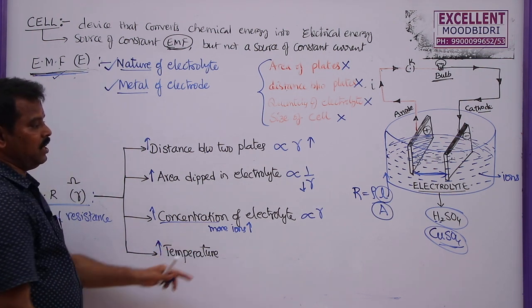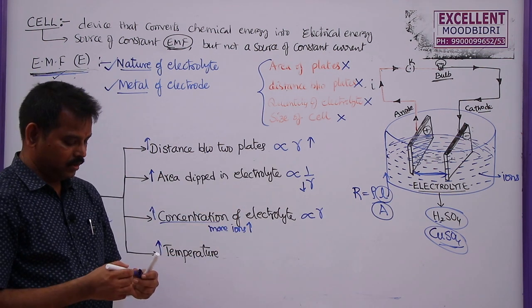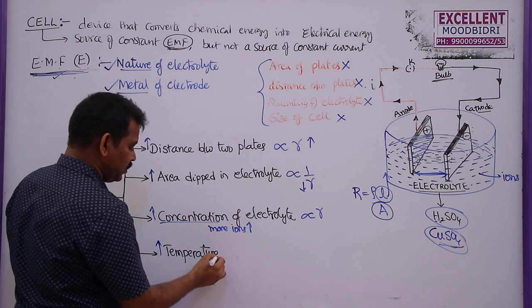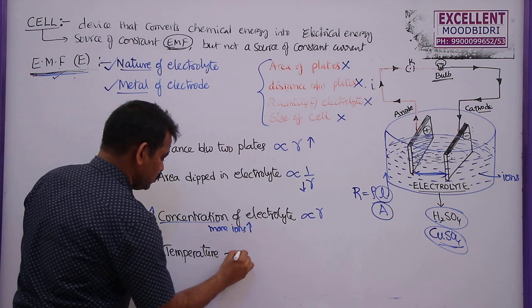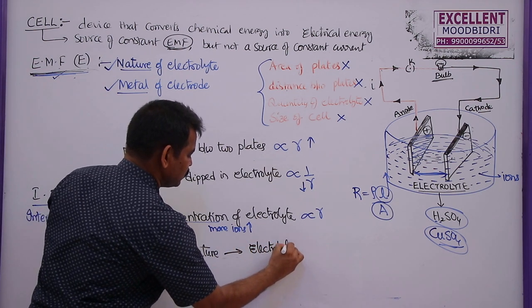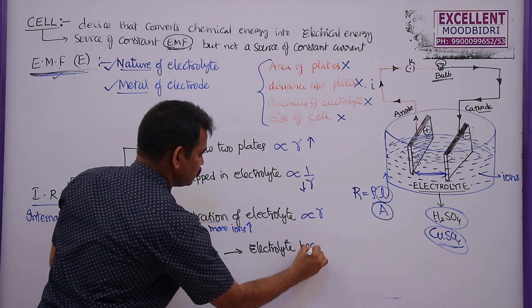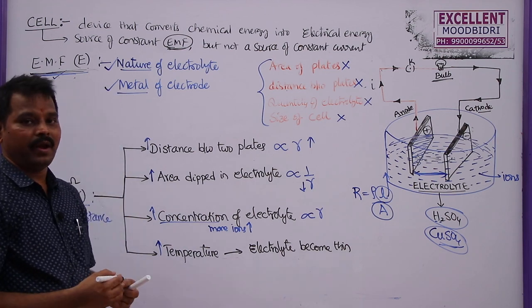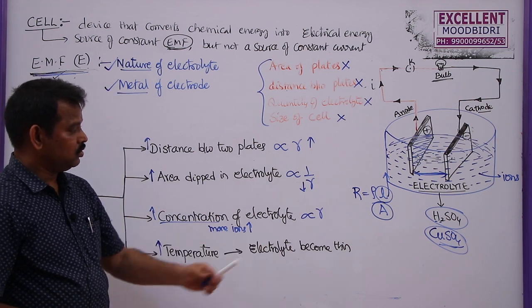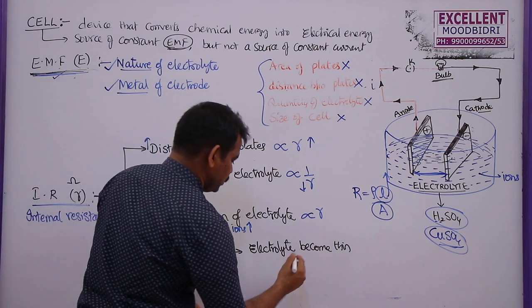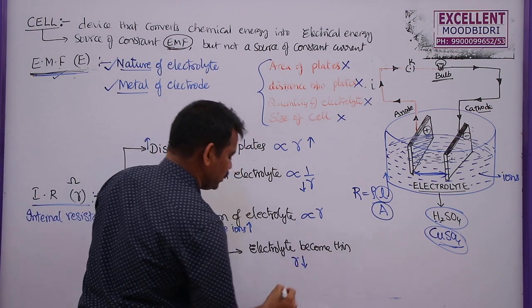And the fourth one, temperature. If you increase the temperature of this electrolyte by heating, what happens? Whenever temperature increases, first the electrolyte will become thin. When the electrolyte becomes thin, the internal resistance will decrease.